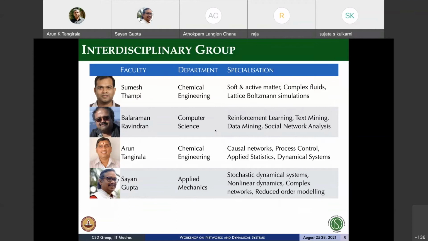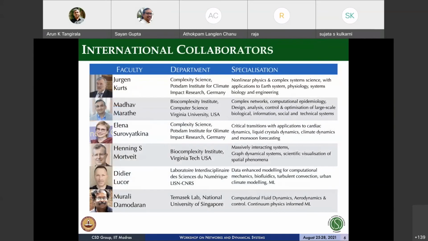And as soon as I bring up the list, you will see that our network is quite large, and we are very happy, and we are really thankful to the collaborations that are happening out there. So again, just to give you a quick overview of the collaborators, where they are located, what are their specializations.